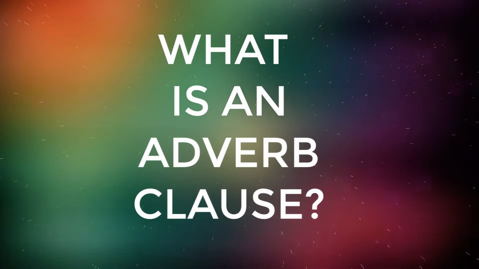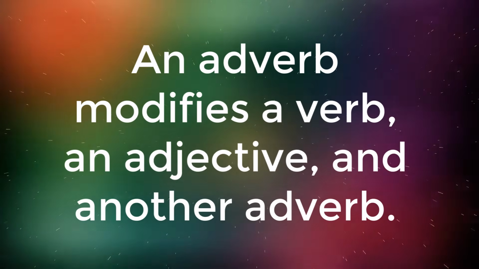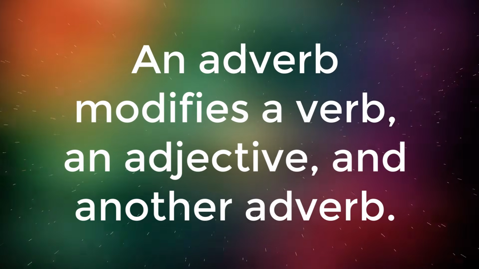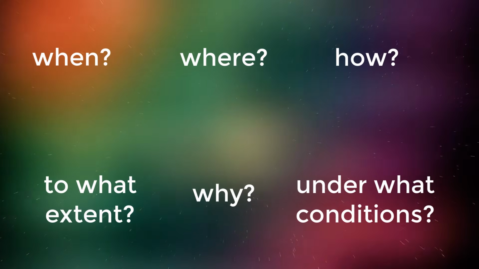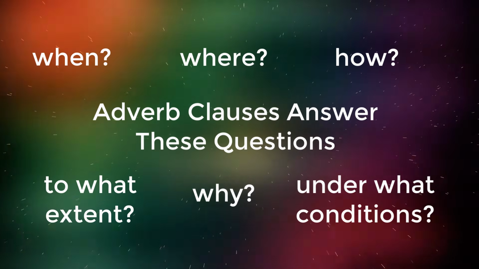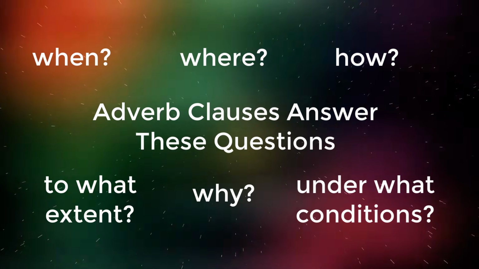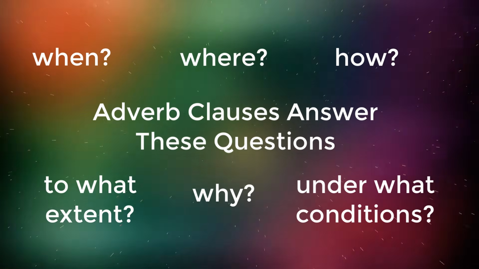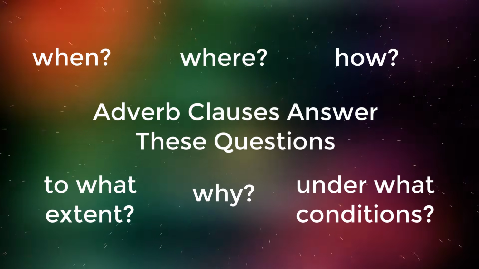Let's begin. What is an adverb clause? We know that an adverb modifies a verb, an adjective, and another adverb. It answers the question when, where, how, why, to what extent, or under what conditions. In the same manner, adverb clauses add information that elaborates on when, where, why, how, to what extent, under what conditions, by modifying or describing said verbs, adjectives, or other adverbs.